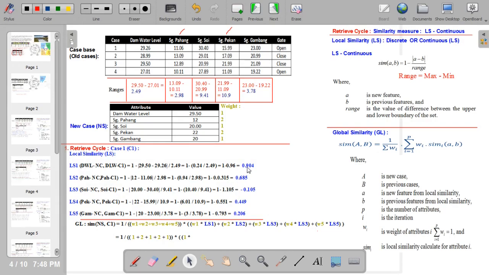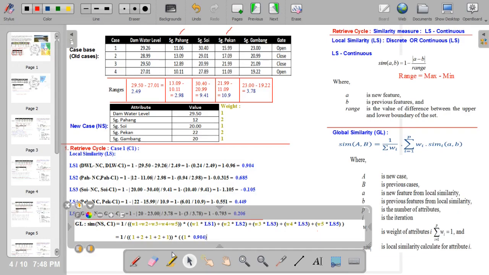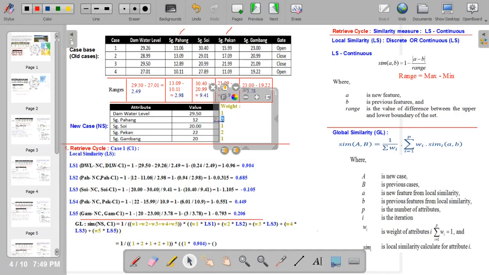which is 0.904. Then plus W2 is 2 because it is the weight for the second attribute, which is bahang, right?